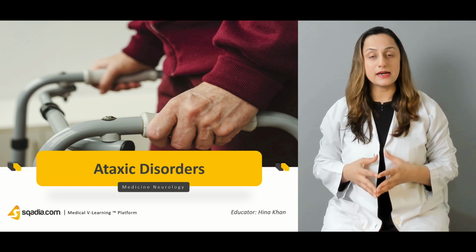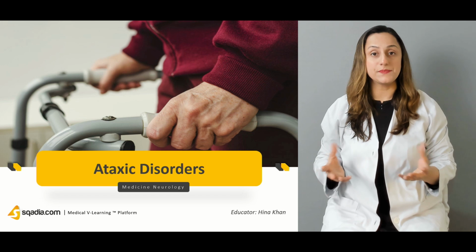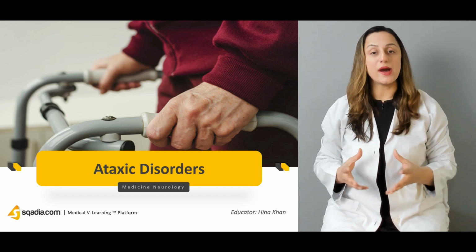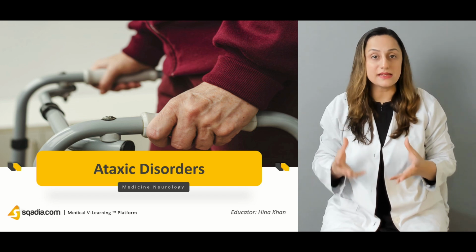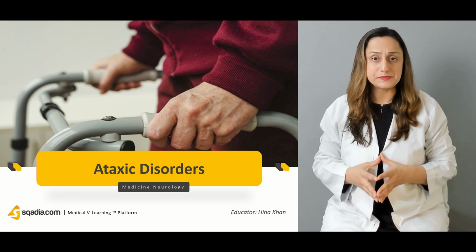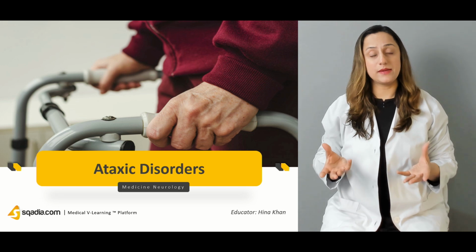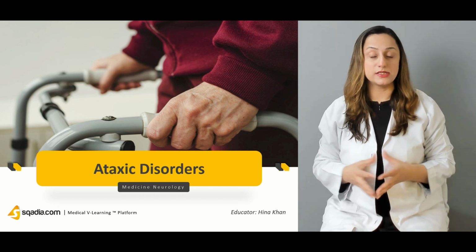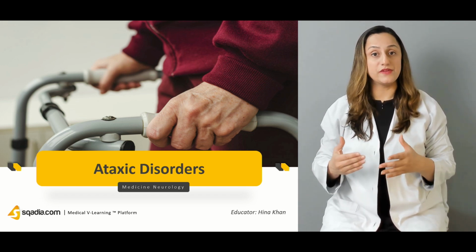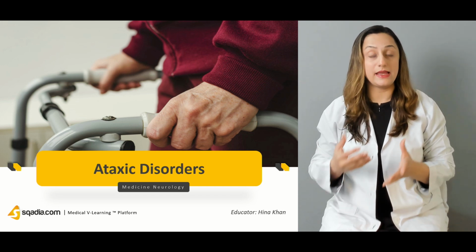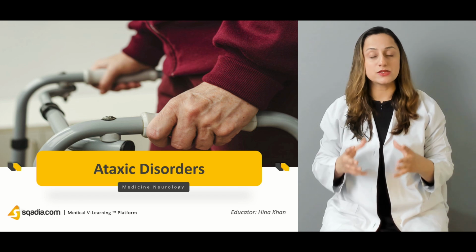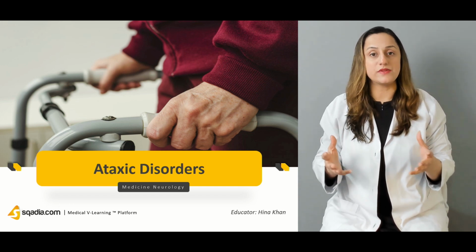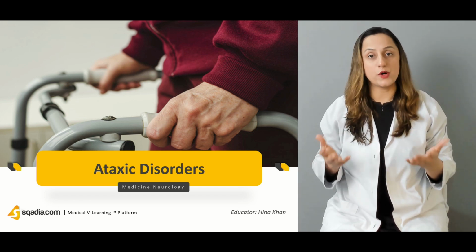So when we define this condition, any patient who has uncoordinated voluntary muscle movements is said to have ataxia. When I mention the voluntary movements, I am focusing on the muscle movements, so it can involve the muscles of any part of our body.